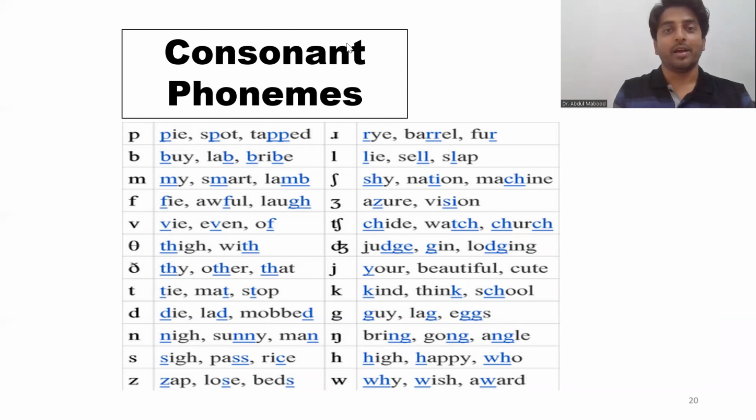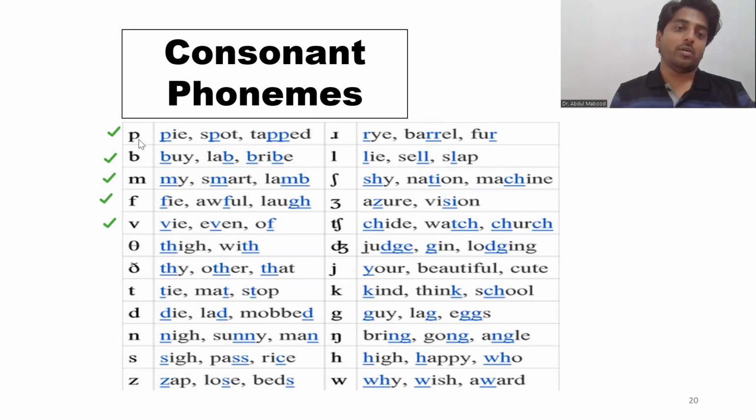So how to read these symbols? They are not like A, B, C, D. We have to read them in a different way. Like it is pa, it is ba, it is ma, it is fa, it is wa.